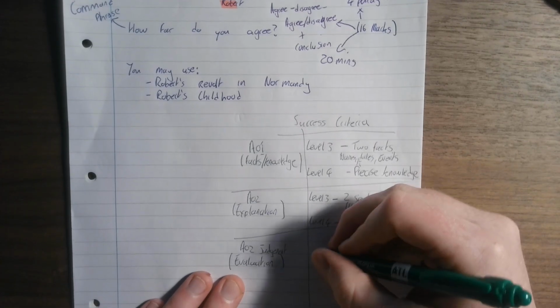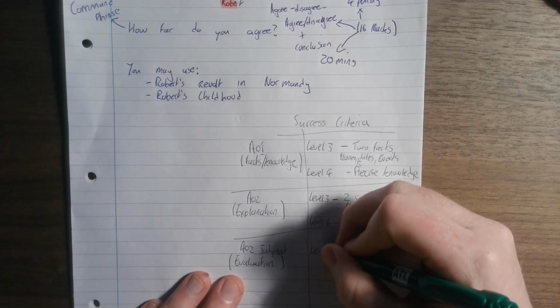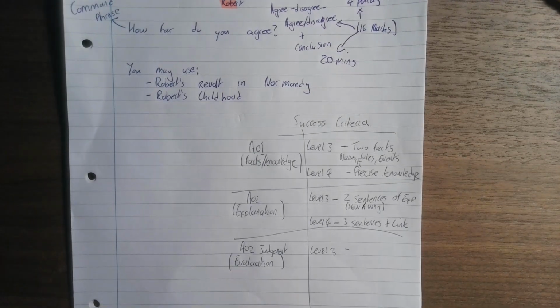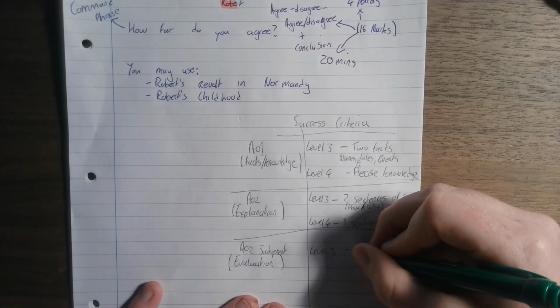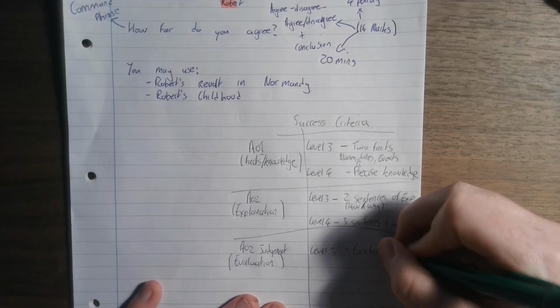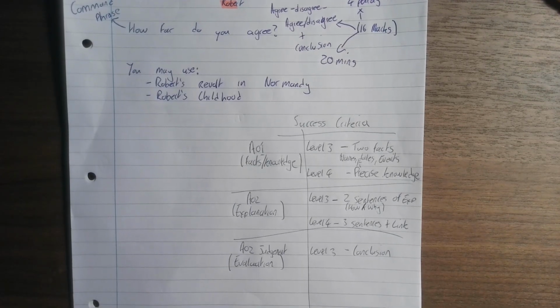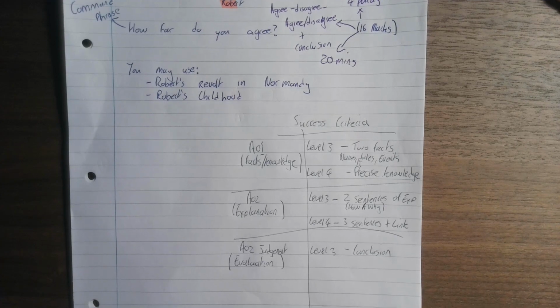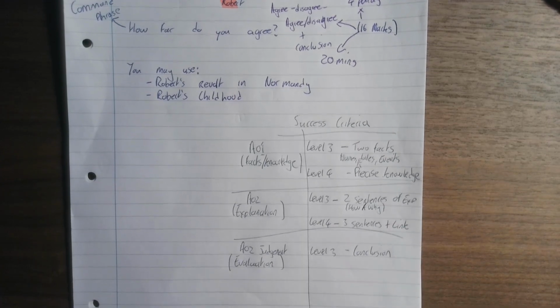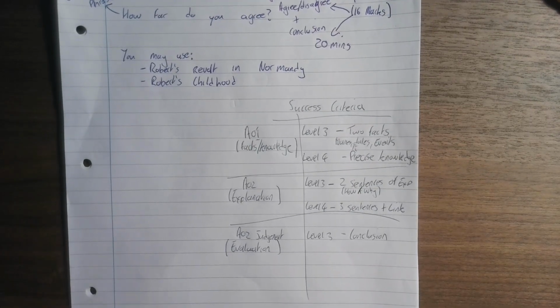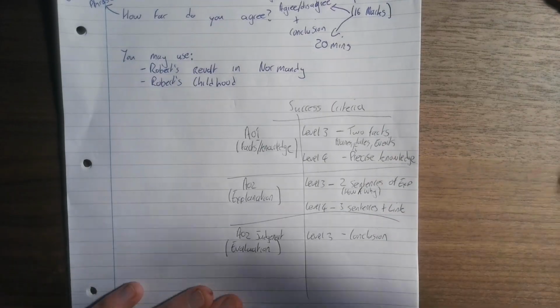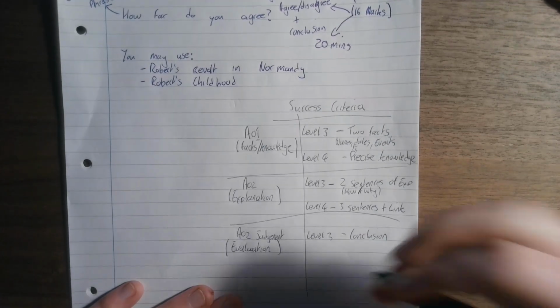And then finally, your judgment. So level 3, in this instance, would simply have an overall judgment. There's just a simple conclusion. You have said, overall, I think the main reason why William and Robert had a poor relationship was because of. This was important because. Alright? If you got the very top end, you might bring in a bit of subject knowledge into your conclusion, but simply, for level 3 in terms of conclusion, all you've done is just say, overall, I think that.